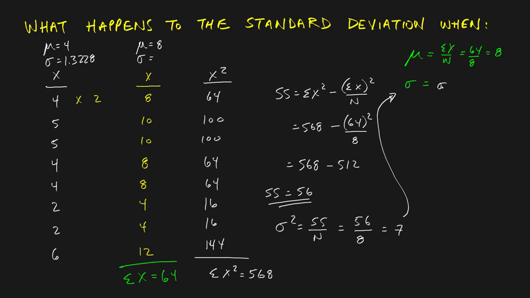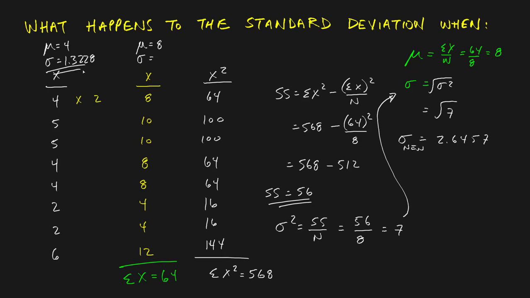Standard deviation is the root of the variance. And so I have to take the square root of 7. Let me just see if I can figure that out. And it comes out to be 2.6457. Okay, so this is my new standard deviation.